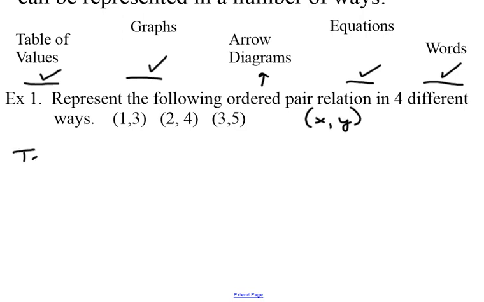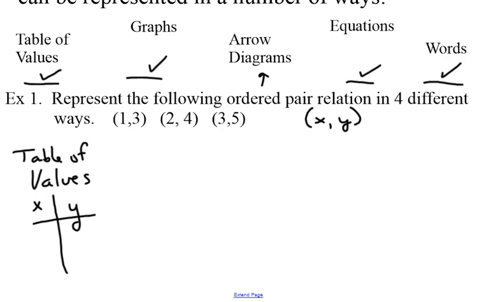The first thing we could do is show it as a table of values, with our x value and our y value. The first relation we have is x value of 1 relates to the 3. X value of 2 relates to the 4, x value of 3 relates to the 5.